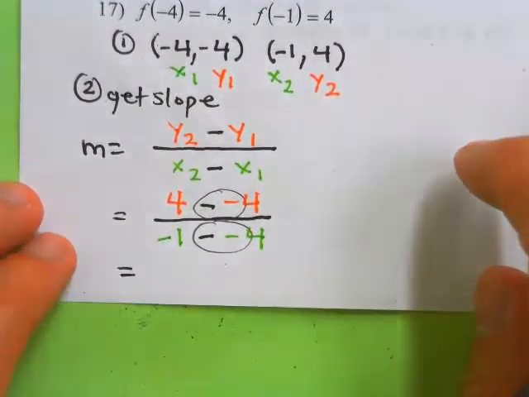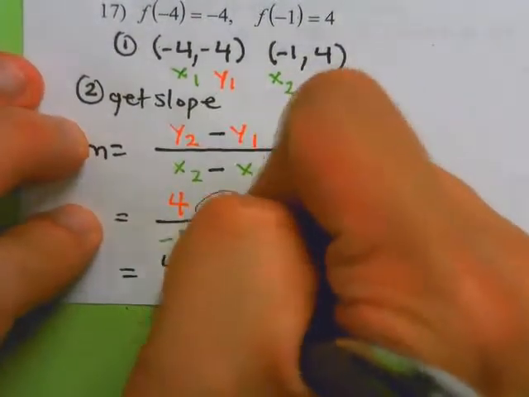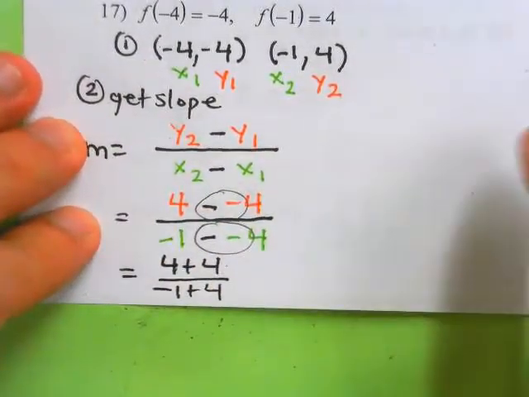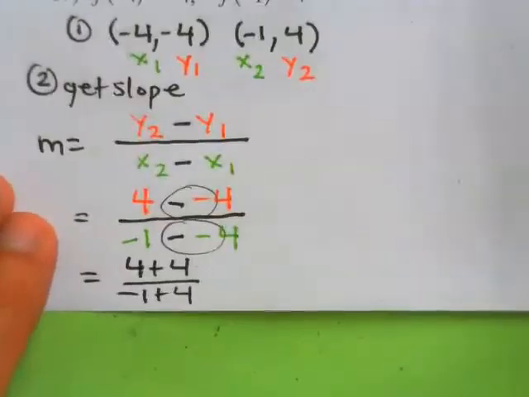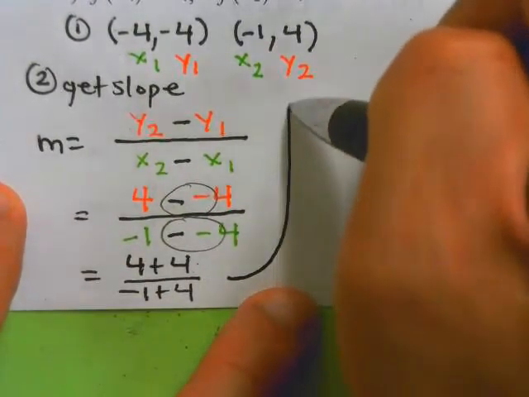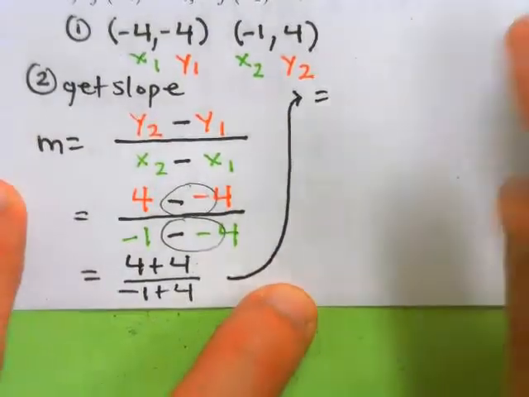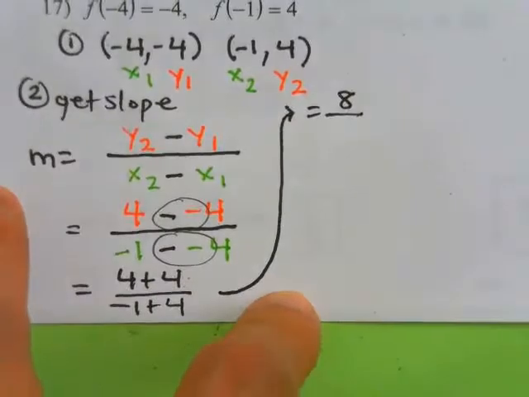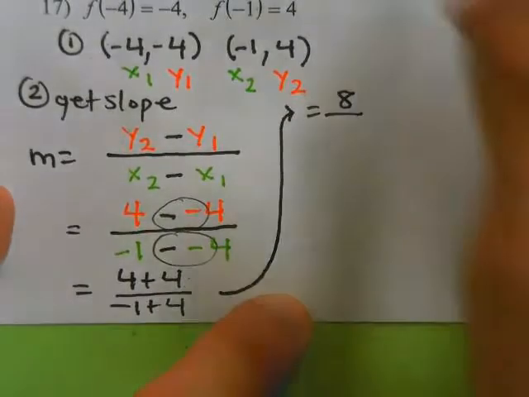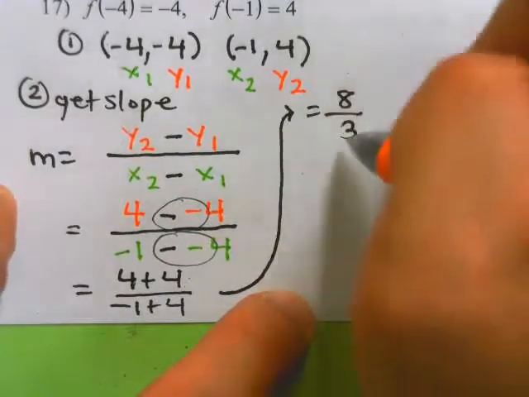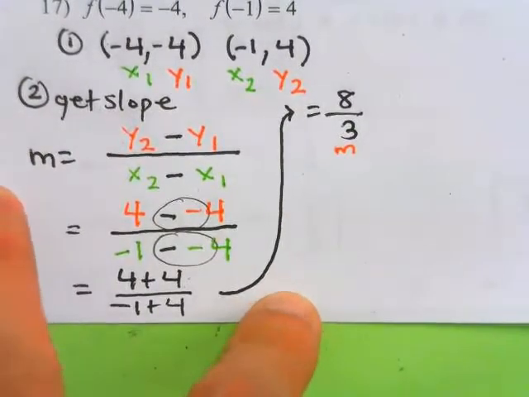A minus negative turns into a plus. I'm running out of room. -1 plus 4 is the same thing as saying 4 minus 1, which will be our 3. So we know this is our new m this time around.